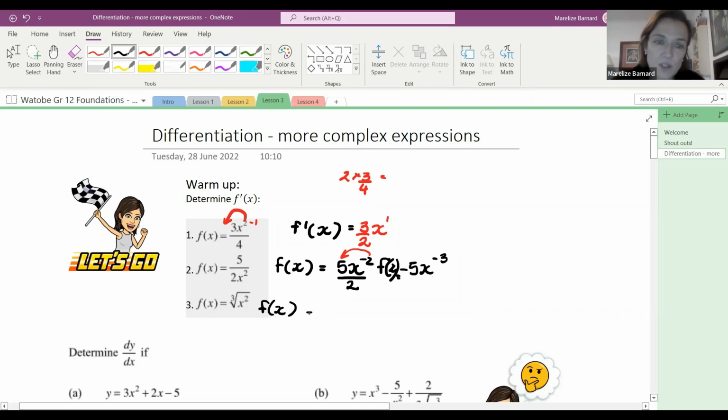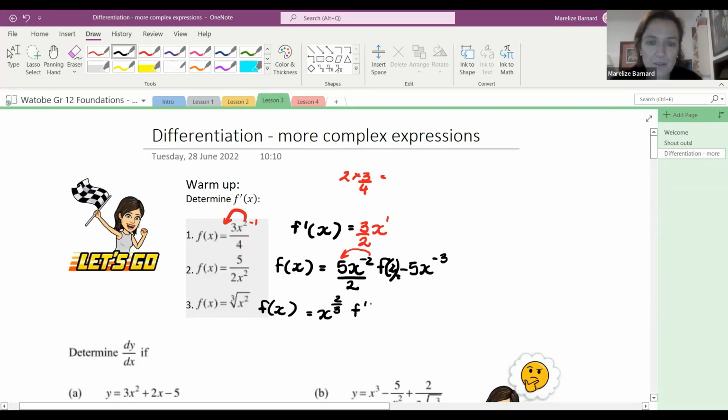Okay, and then for question 3, this one we also need to rewrite first because we've got that root. So remember, we take the inside power over the degree of the root. So we go 2/3. Solomon also missed the negative. Don't worry, Solomon, we all do that. I did that too.